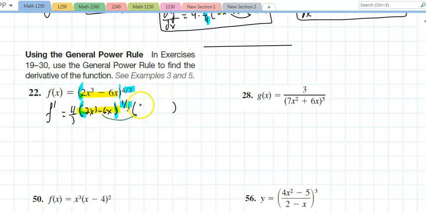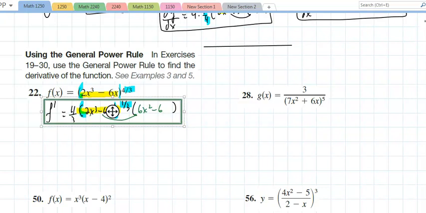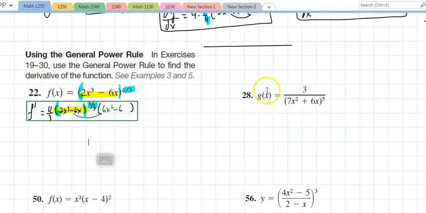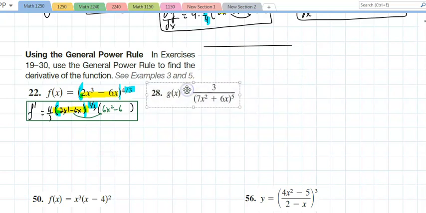The derivative of the inside is 6x squared minus 6. Hopefully that's making sense. At any given time, you could write u equal and transform the problem. On the next problem, I'm going to change that slightly.